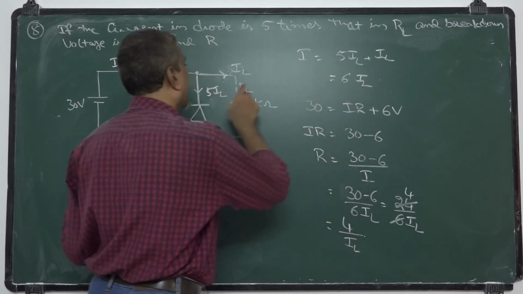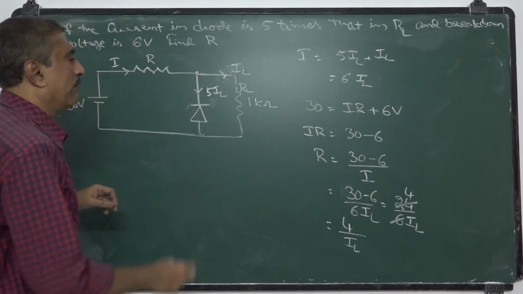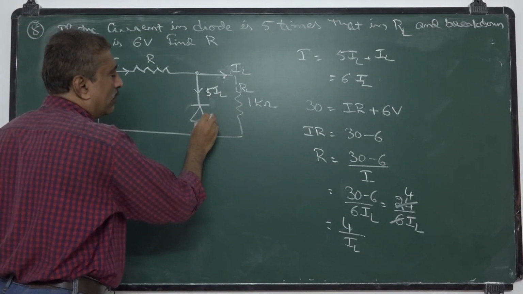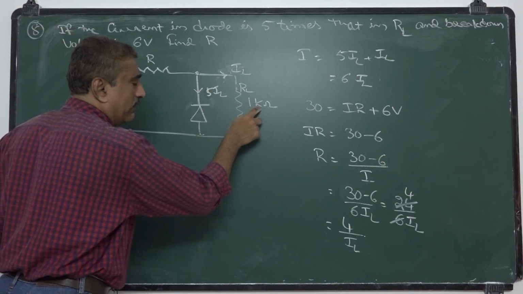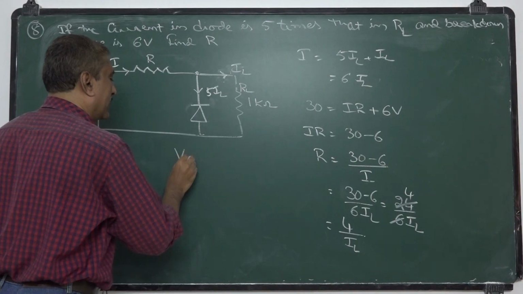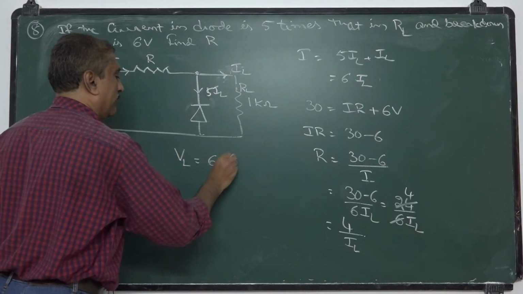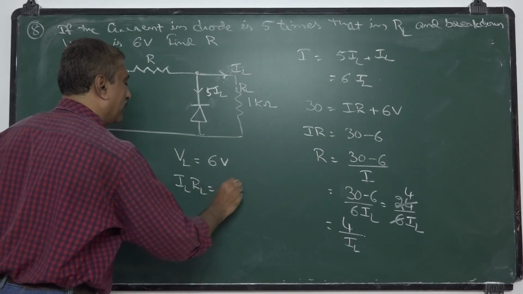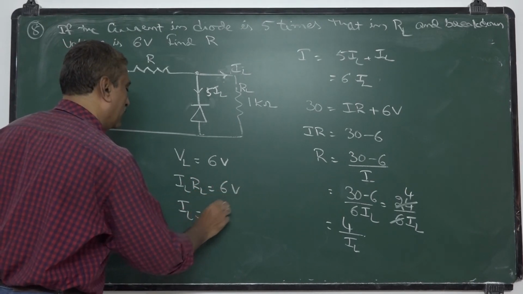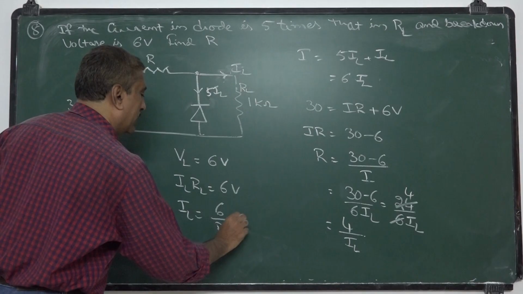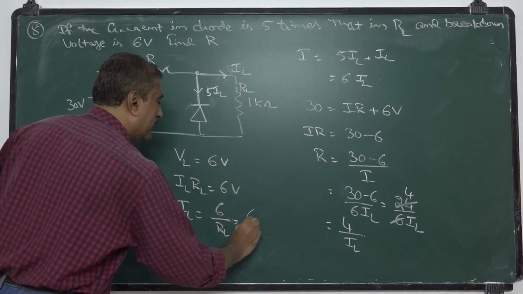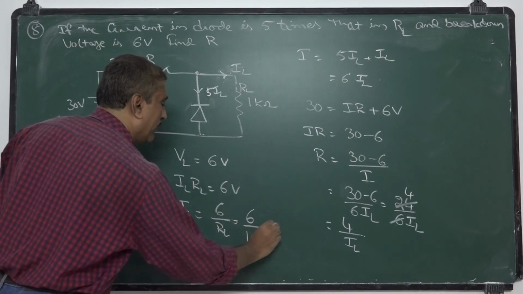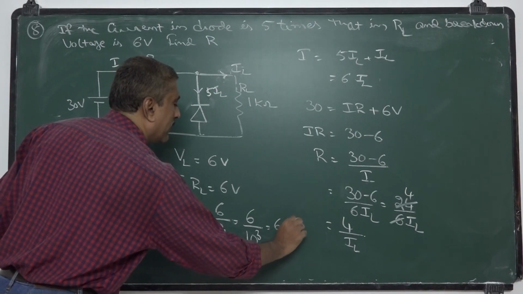But how can we calculate IL? As breakdown voltage is 6 volt, which is parallel to this 1 kilo ohm, the voltage across the load is 6 volt. Therefore IL RL is equal to 6 volt. So IL is equal to 6 by RL, that is 6 by 10 to the power 3, that is 6 into 10 power minus 3.